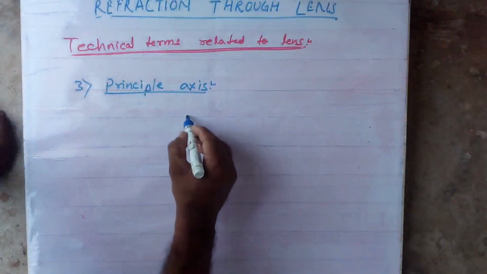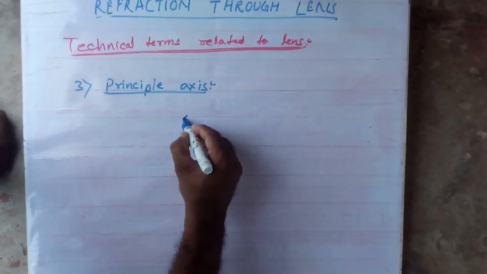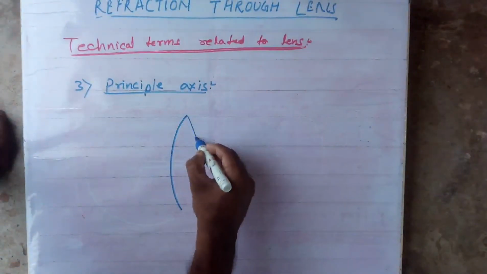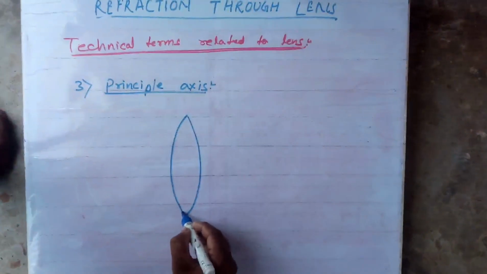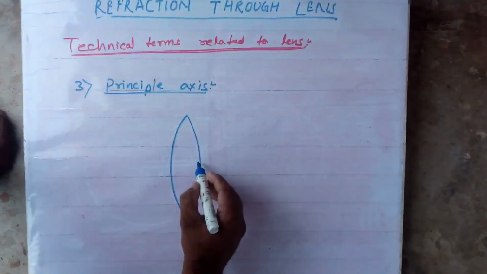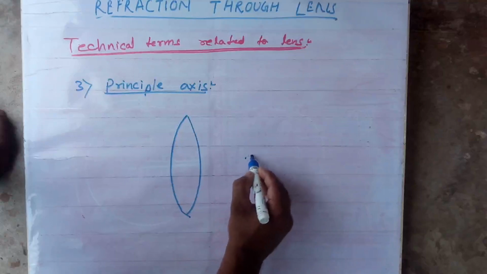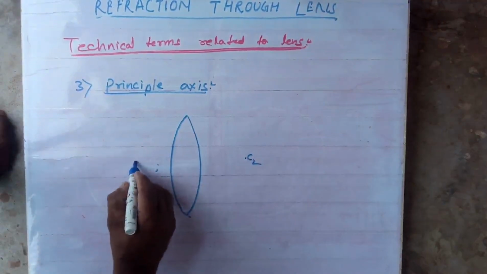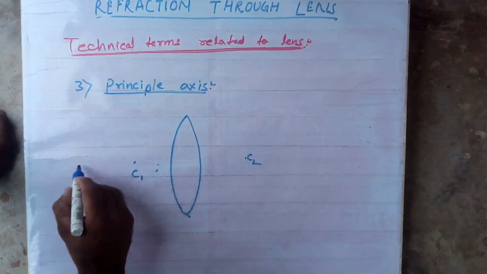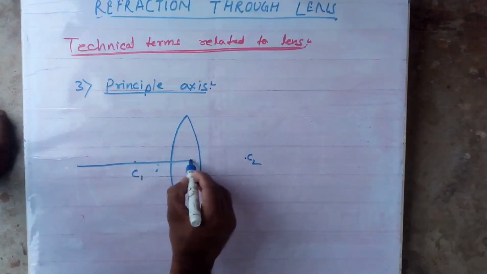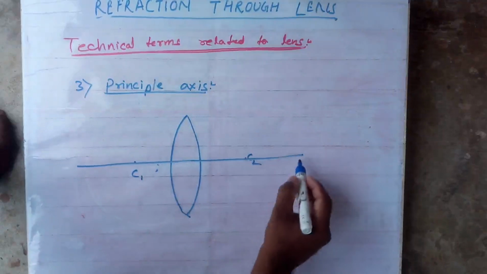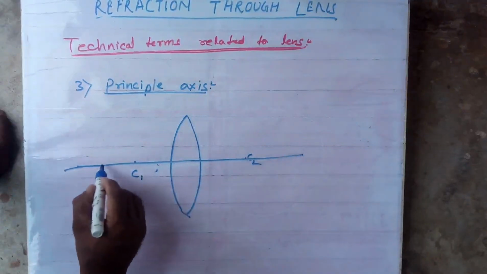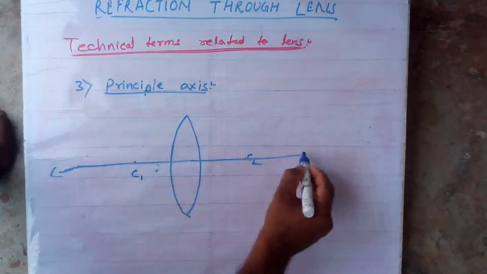We have seen the lens is like this, a convex lens. It has two centers of curvature, C1 and C2, because two surfaces are there. The line joining both the centers of curvature is called the principal axis.